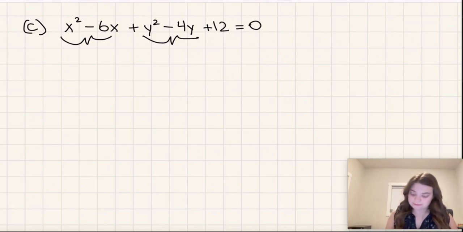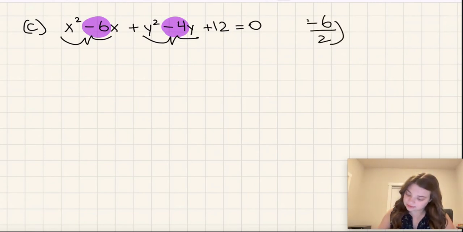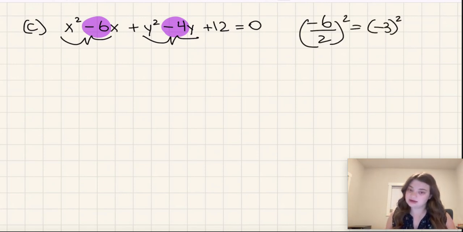So for this one here, we have -6 as the non-leading coefficient of the x's and -4 as the non-leading coefficient of the y's. So we have to take both these numbers, divide them by 2, and square them. So (-6 divided by 2) squared is (-3) squared, which is 9.